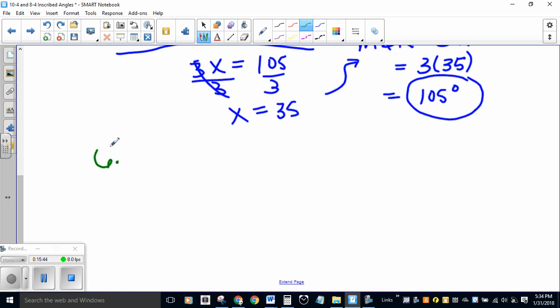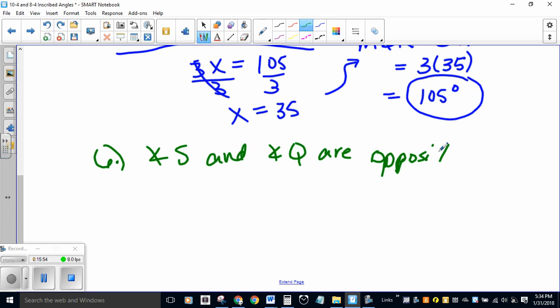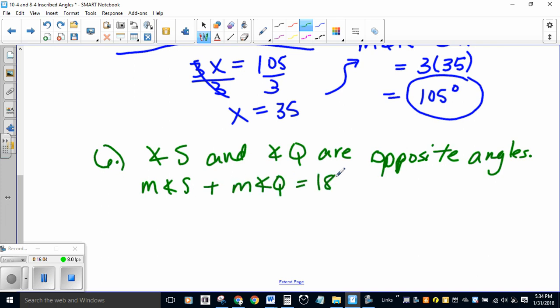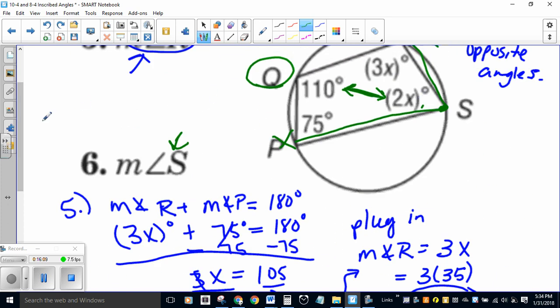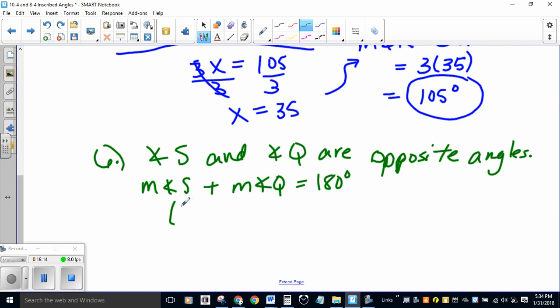For number 6, angle S and angle Q are opposite angles, meaning they are supplementary. So the measure of angle S plus the measure of angle Q equals 180 degrees. Angle S is 2x degrees, angle Q is 110. So I have 2x degrees plus 110 degrees equals 180.